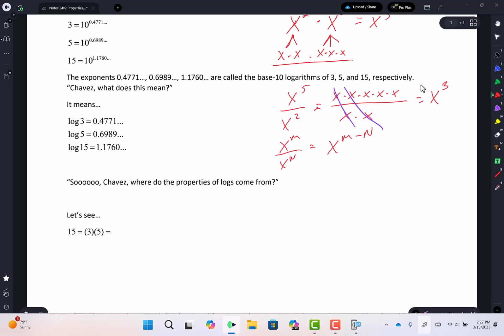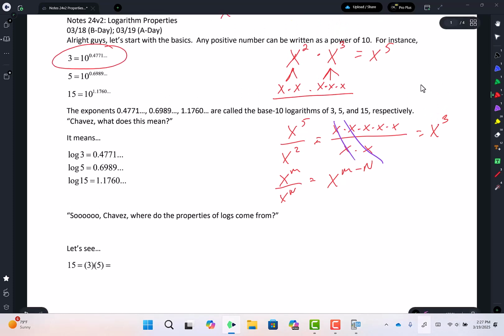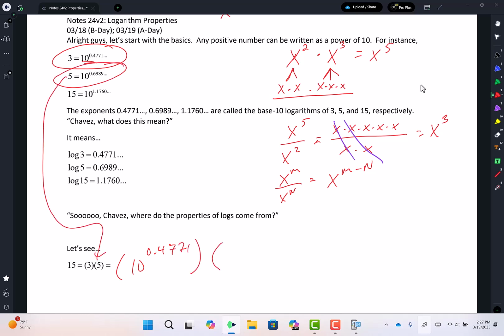So what are we doing here? I know 15 is the same thing as 3 times 5. So what's the point? Well, the point is we're trying to see if we can turn that into an exponent like this, so you can see the rule. 3 is 10 to the power 0.4771. And then that 5 is the same thing as 10 to the power 0.6989. And because that's a base 10 and that's a base 10, you can just add up those exponents.